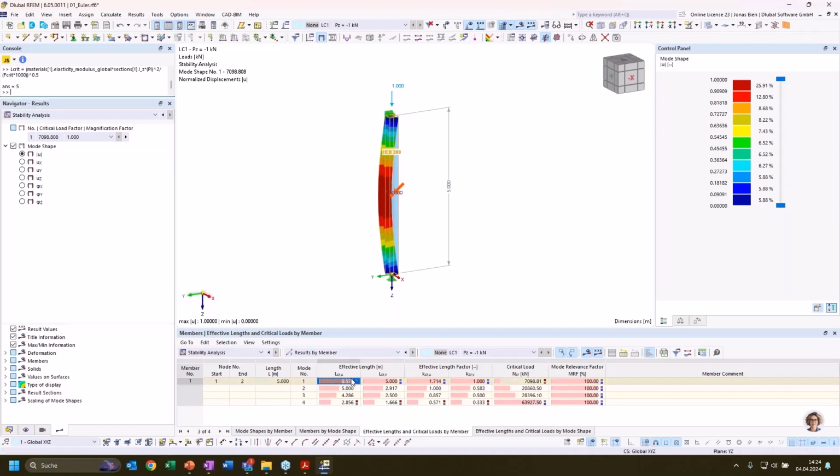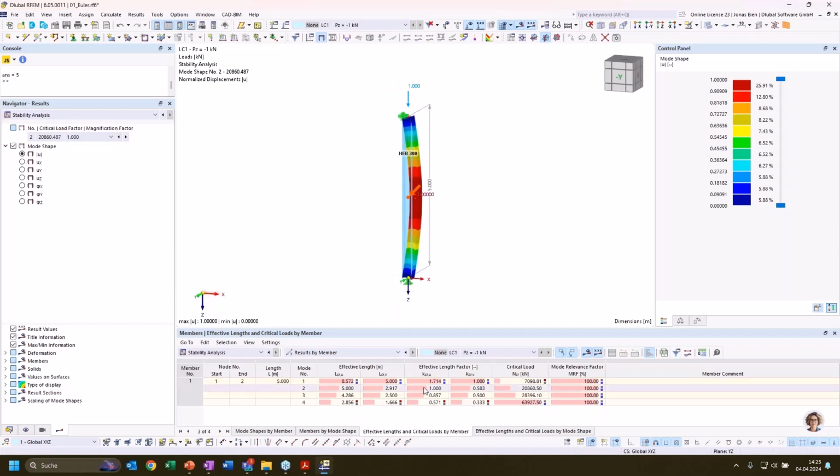So if we take this effective length factor for the stability design with the equivalent member method, when we want to extract these effective length values for our design, we have to make sure that the mode shape we are analyzing fits the effective length that we are reading. For example, for buckling about the strong axis, we should definitely take the second mode shape and use the critical length factor given for the u-axis here.